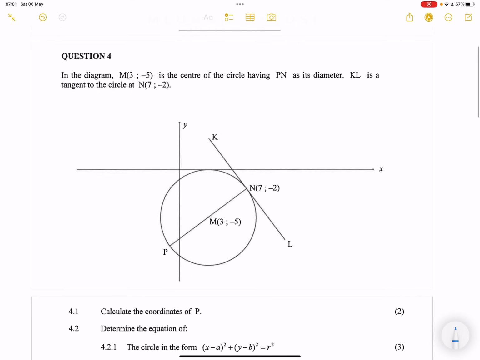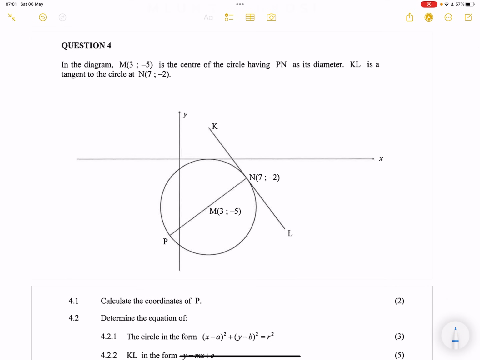So, question 4 on analytical geometry, obviously having to do with circles. They say in the diagram we've got M, which is (3, -5), the center of a circle having PN as its diameter. KL is a tangent to the circle at N, which is (7, -2).